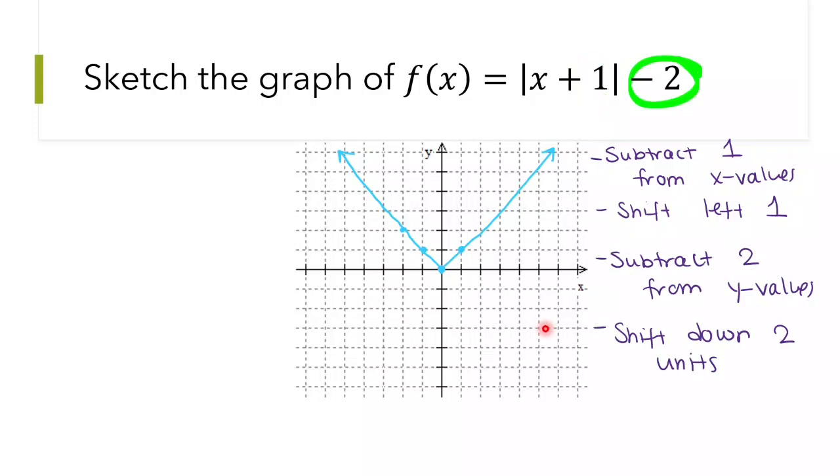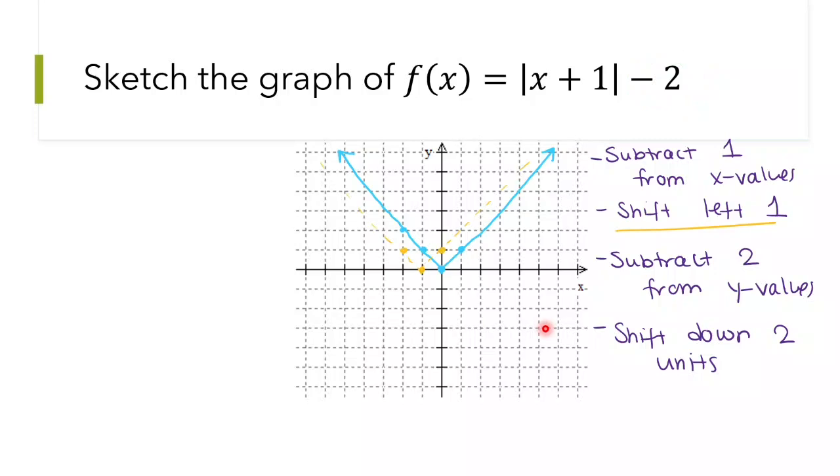The minus 2 occurs outside of the absolute value. That's my output transformation. That's going to impact my y values. I'm going to do exactly what it says. It says minus 2, so I'm going to subtract 2 from the y values, and that's going to take this graph and shift it down 2 units. I can do these transformations in either order. It doesn't matter which one I do first.